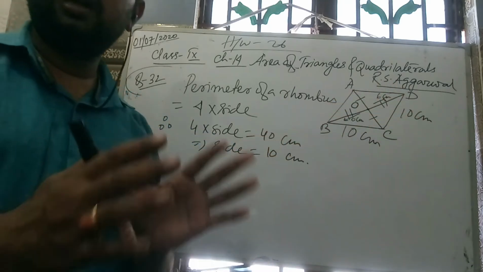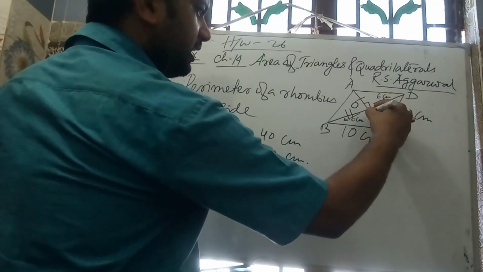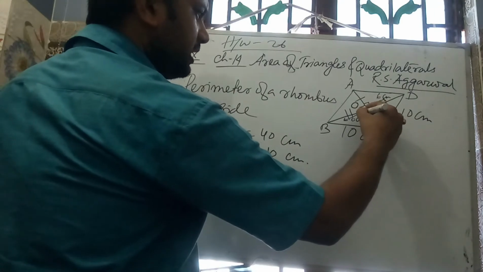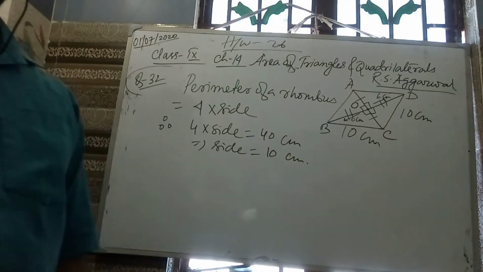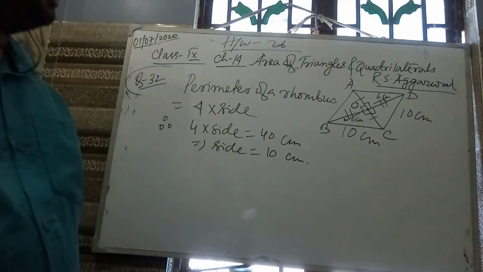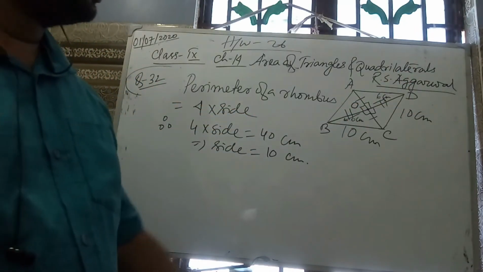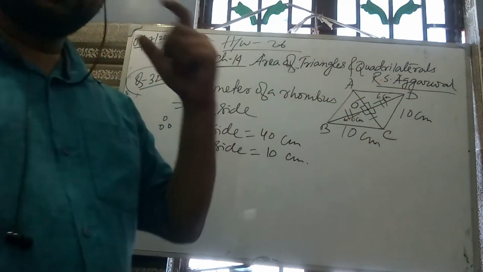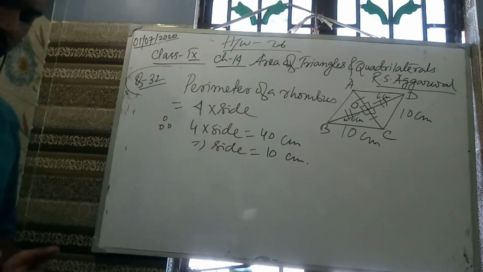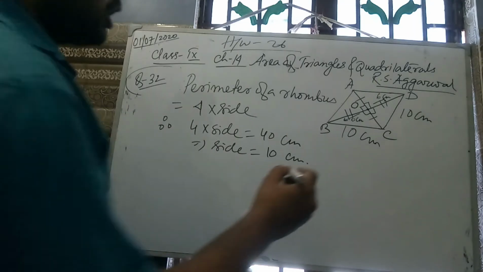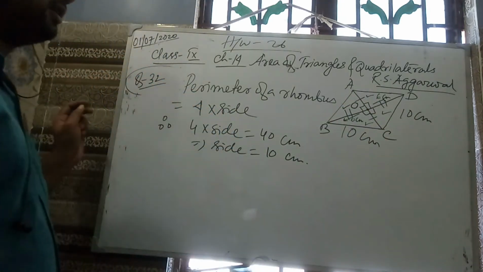Perpendicular means at point O we have four 90-degree angles. OB and OC are perpendicular to each other, similarly OC and OD, OA and OD, OB and OA. So actually we have four right angle triangles here.